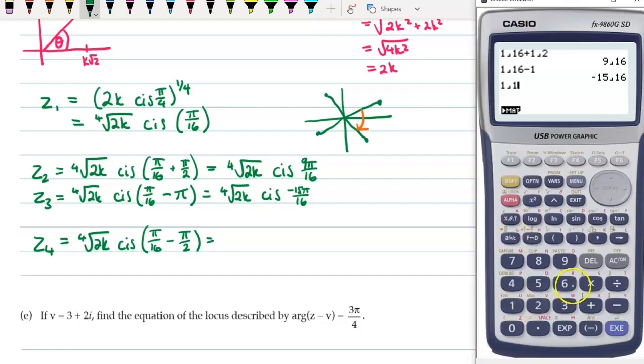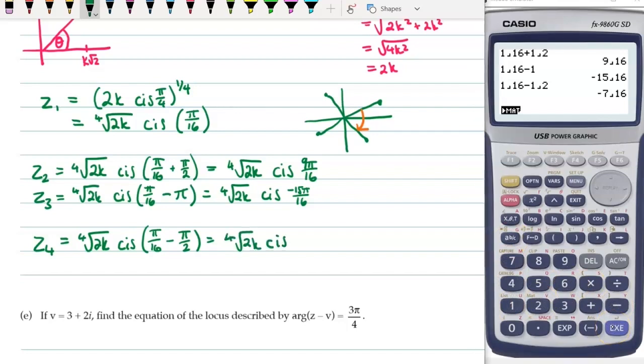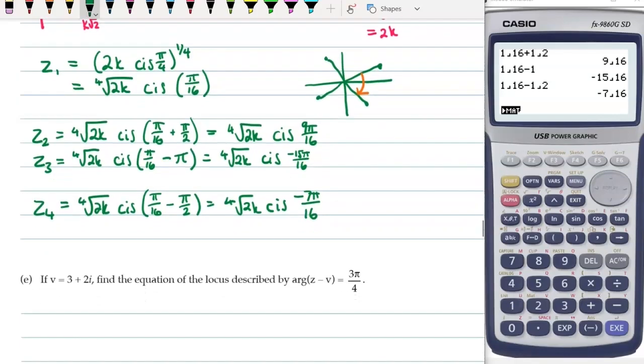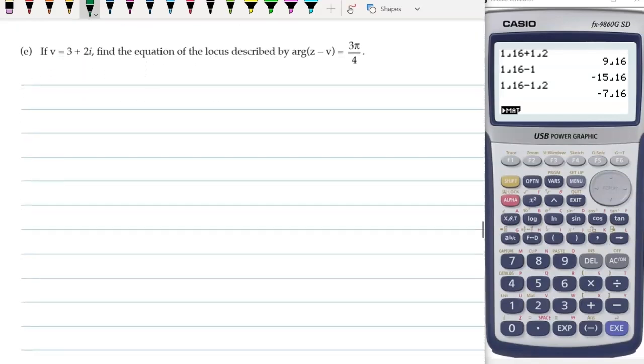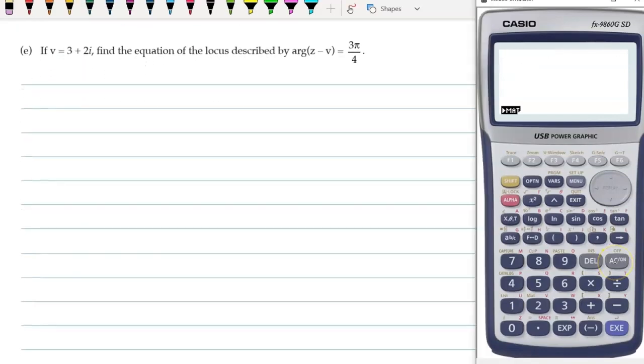So 1/16 take off 1/2. It's going to be minus 7 pi by 16. Okay, last question.